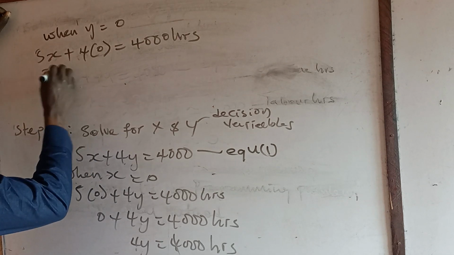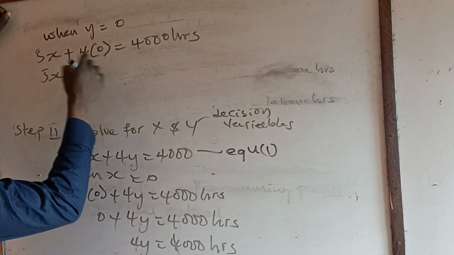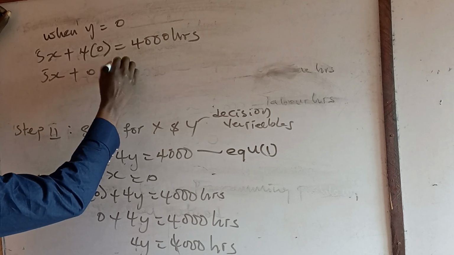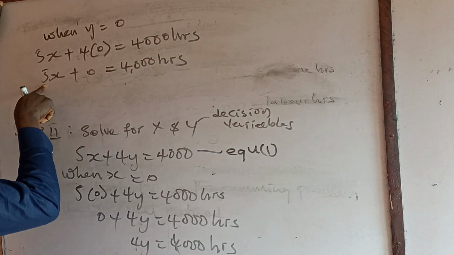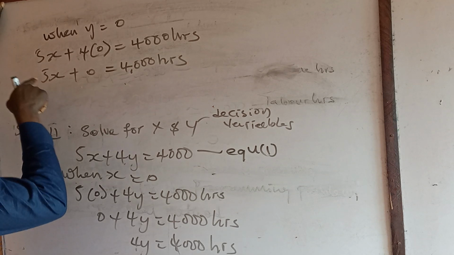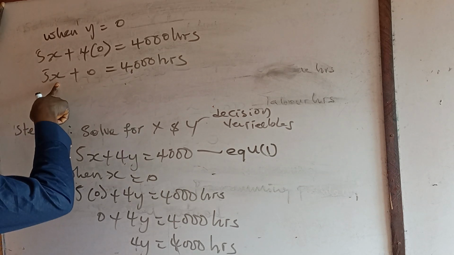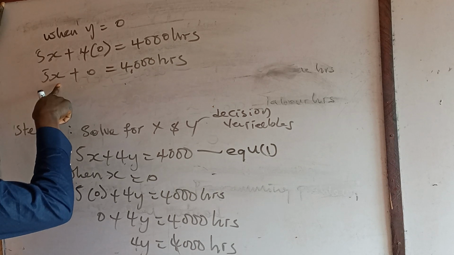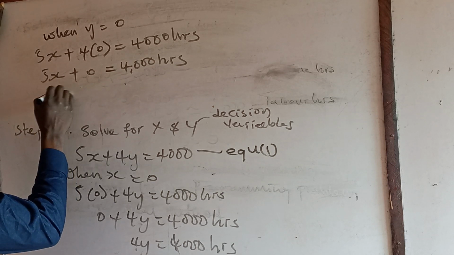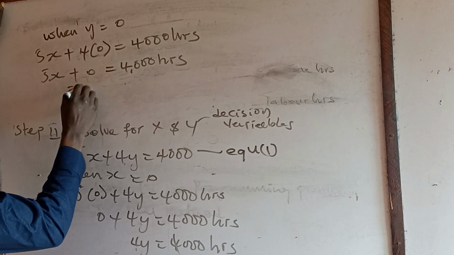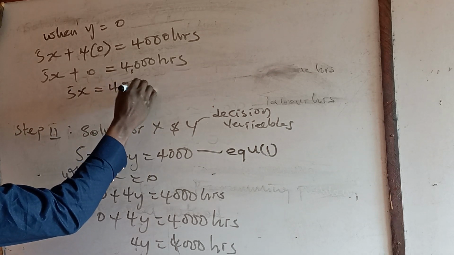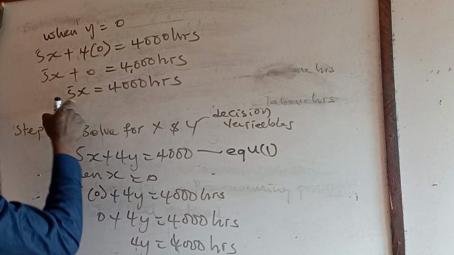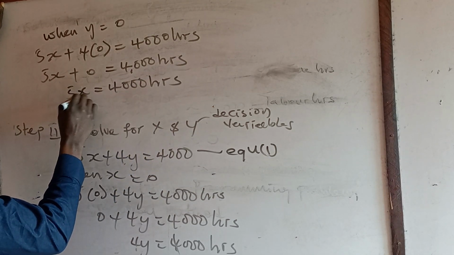So this is 5x plus 0 equals 4,000 hours. Don't forget that this is hours. What it means is that we need 5 hours to produce 1 unit of x. So 5x equals 4,000 hours.